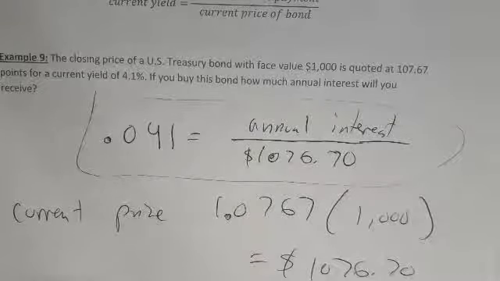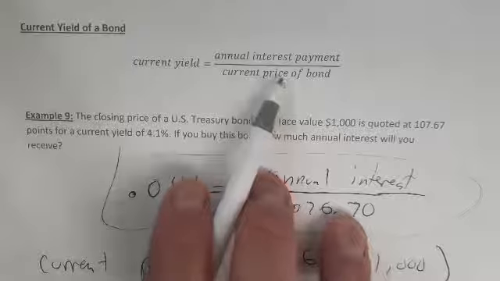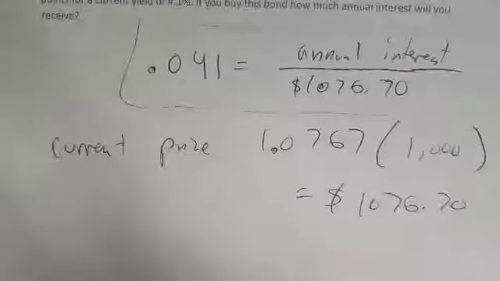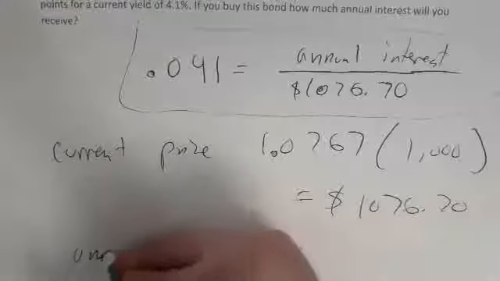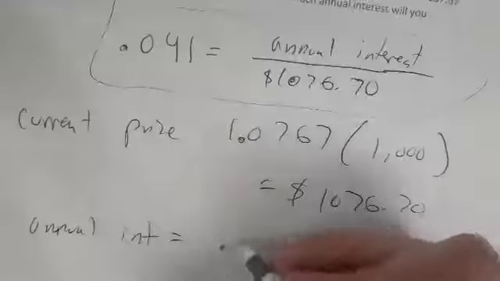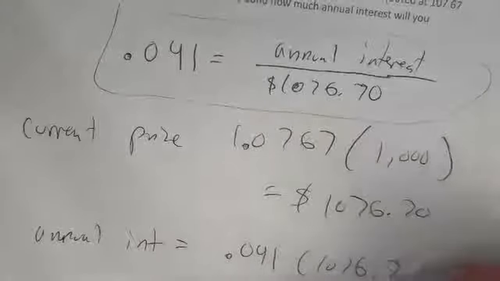If you want to set it up like this, you can. If you want to solve it symbolically first, we're multiplying this over to the other side. My annual interest is going to be equal to 0.041 times the 1076.70.